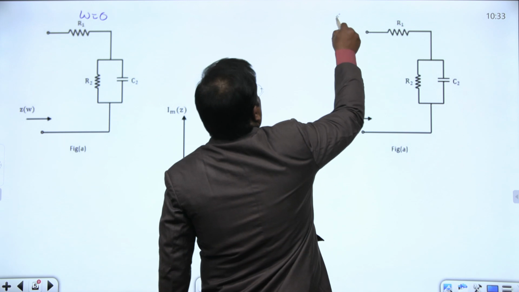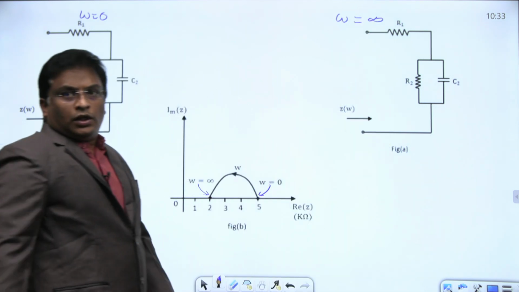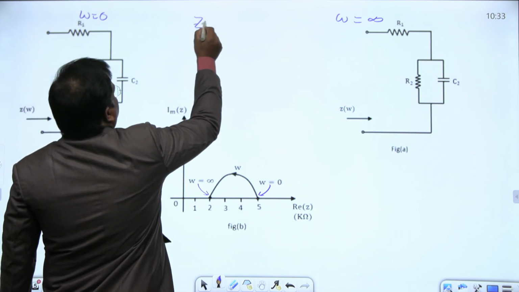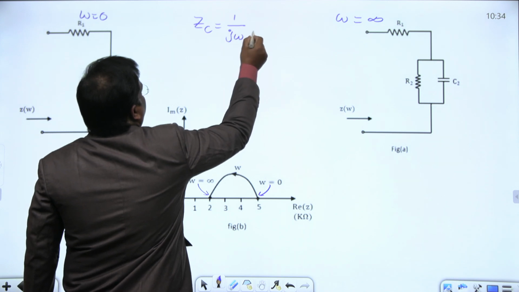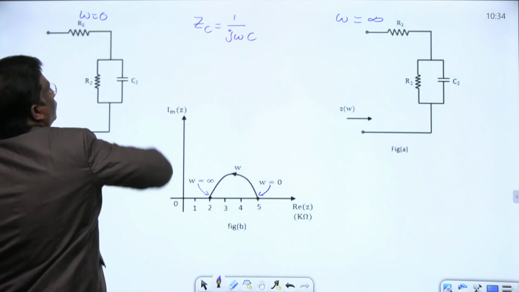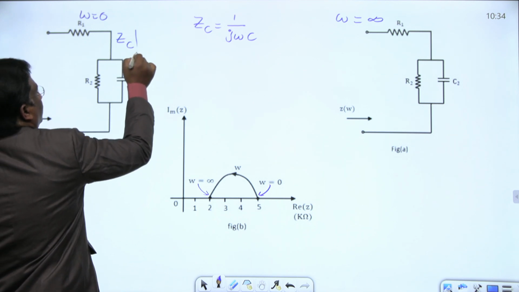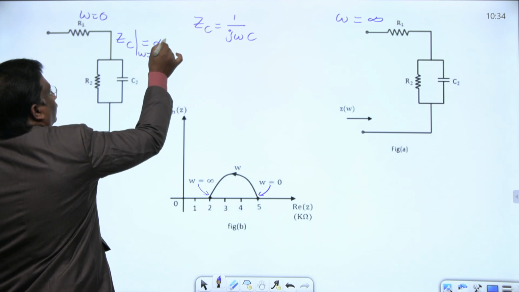The impedance of a capacitor ZC equals 1 by j omega C. When omega equal to 0, what is the impedance of the capacitor? 1 by 0, nothing but infinity.